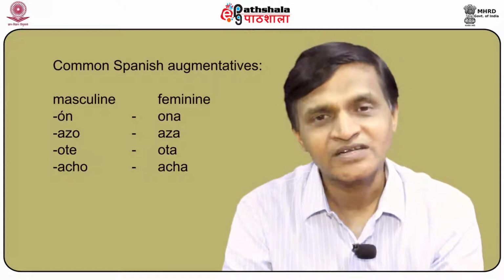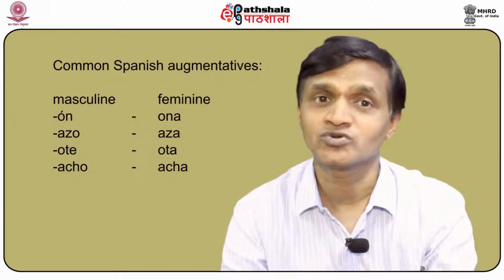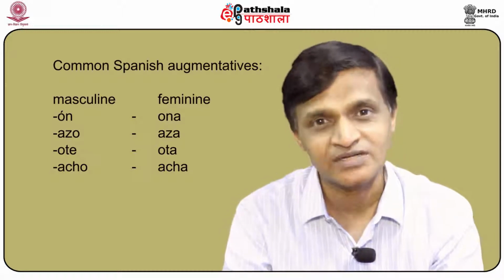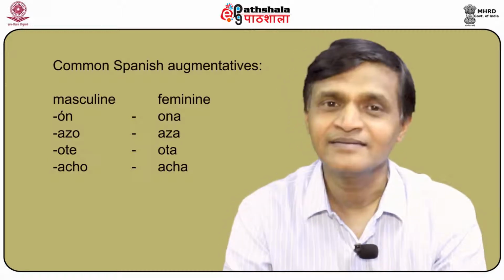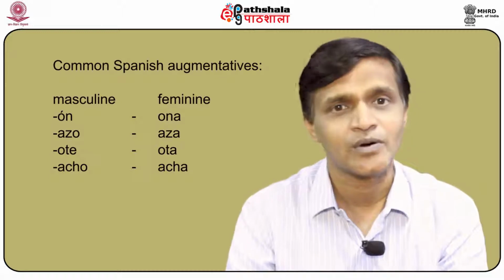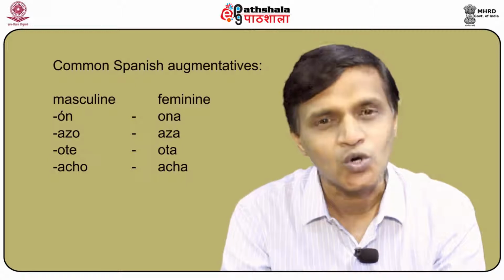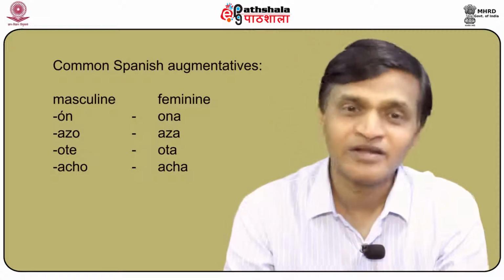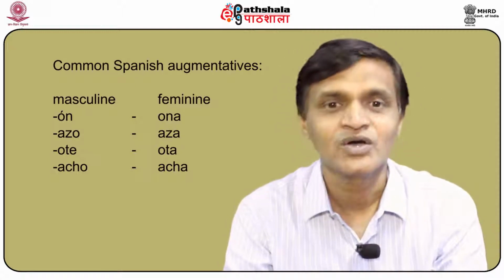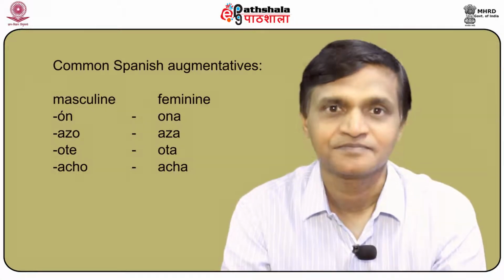So, the augmentatives change according to gender and number of the word that they are modifying, and the Spanish augmentatives in masculine are on, aso, ote, or acho. In the feminine are ona, asa, ota, or acha.